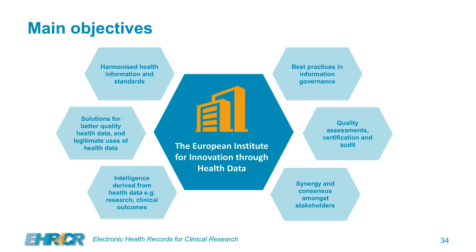The third aspect of the Institute's work that I want to emphasize is to ensure synergy and consensus among the many stakeholders, to ensure that our two-sided network remains in balance as we move forward.